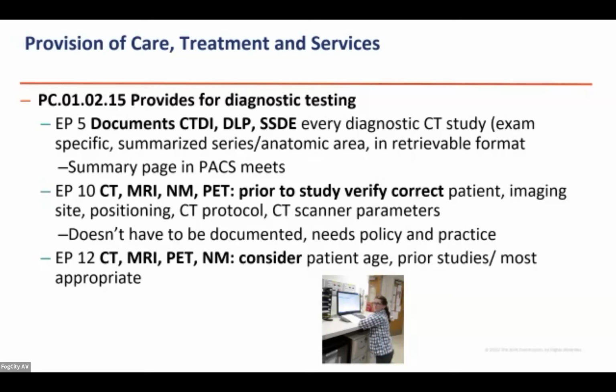Now, lucky for us, I think probably every CT scanner out there now gives you a summary page at the end, and that's what goes into your PACS system. And that's very appropriate to meet this element of performance.